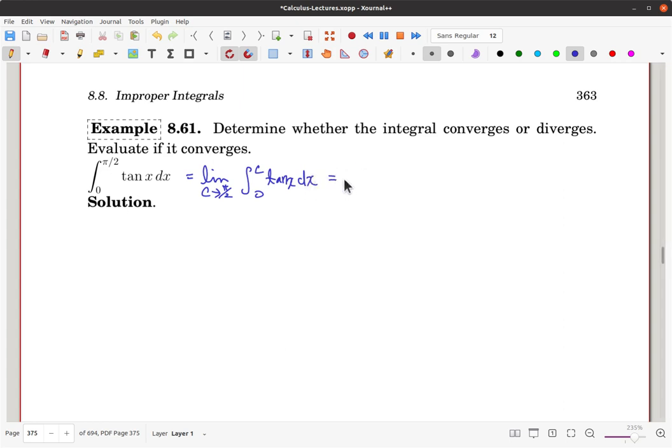Okay, so its antiderivative is minus logarithm of cosine x, right? Because tangent x is sine x over cosine x, so there is a logarithm of cosine x, we have to put the absolute value sign here. Okay, we are evaluating now from 0 to c.